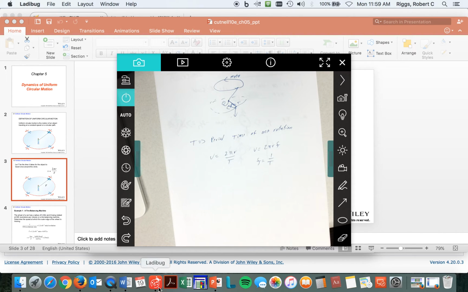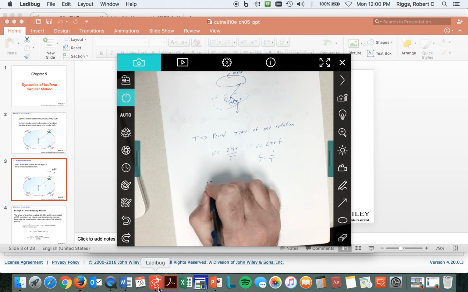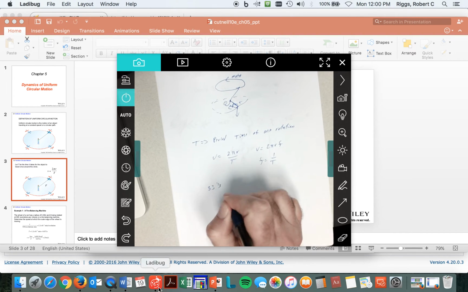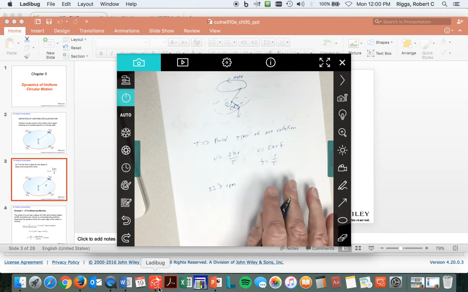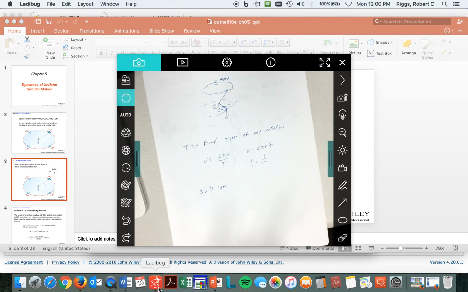If you have a 33 1/3 RPM, that means your frequency is 33 revolutions in a minute.